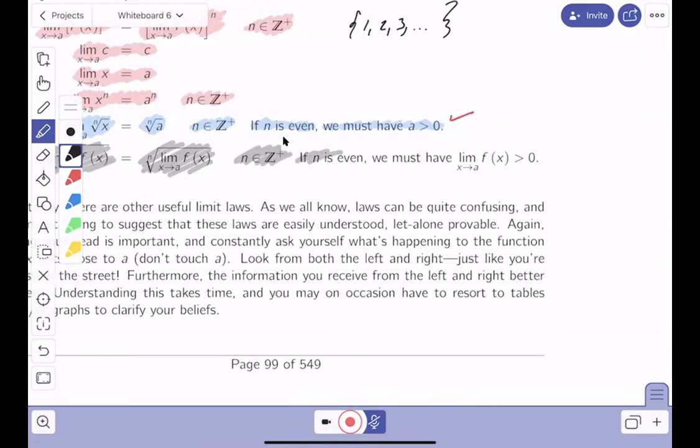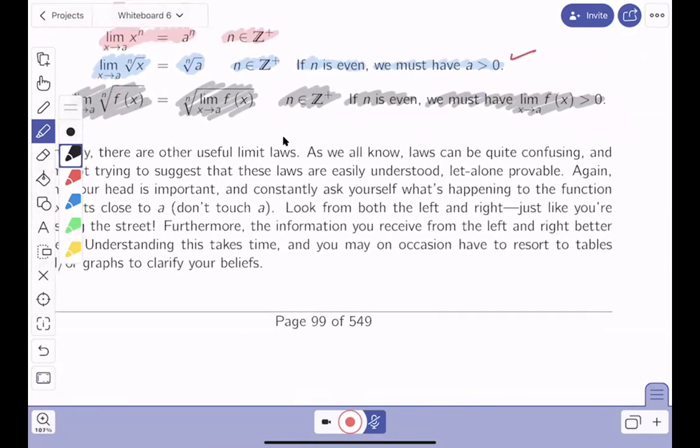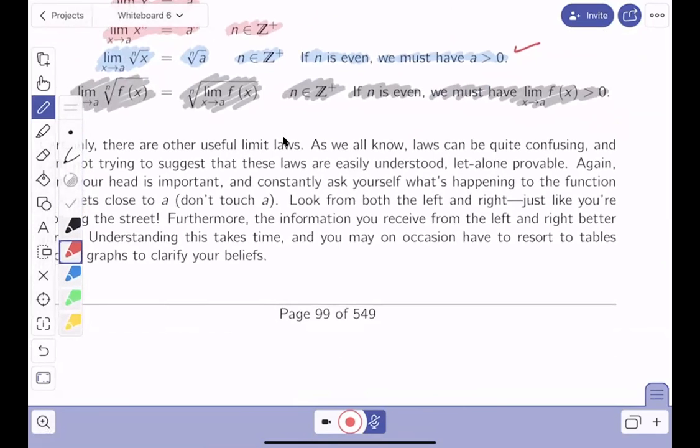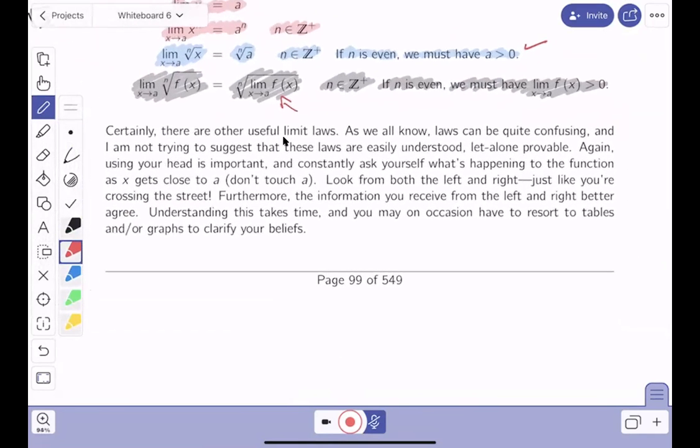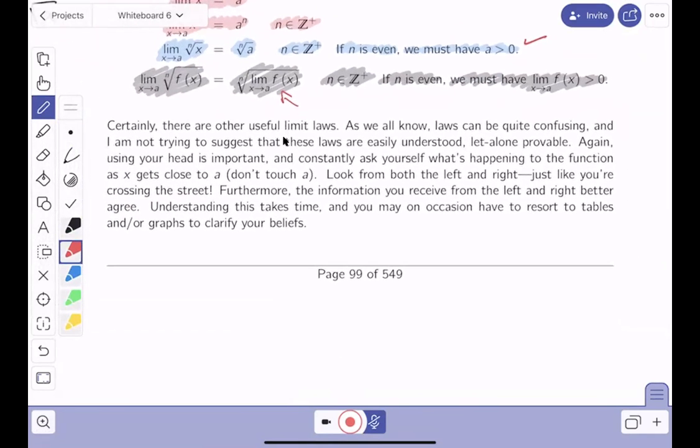And they say if n is even, the limit as x approaches a of f of x must be greater than 0. And again, why is that? Well, we need to be approaching from the right of 0. It's the nth root, and if the nth root is even, it's got to be a positive number because we can't approach it through negatives.